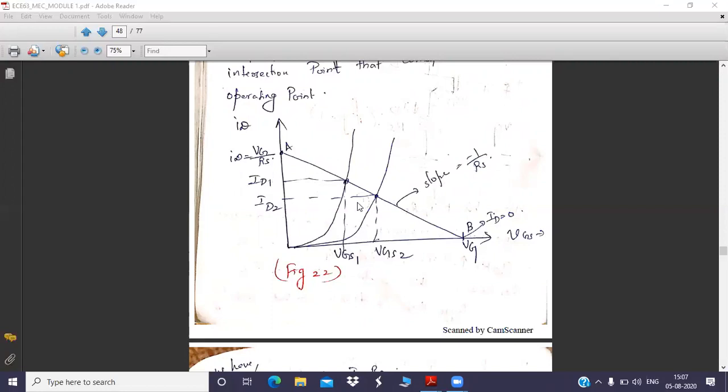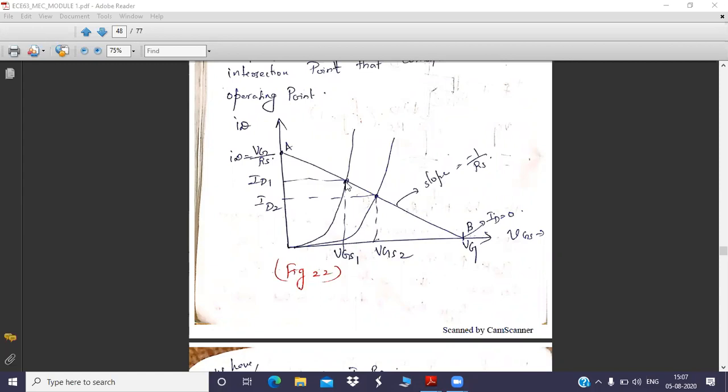Now, once you plot these two graphs, the next attempt is to draw this line. This line AB is known as the DC load line, and somewhere this DC load line will intersect with these curves. Understood?